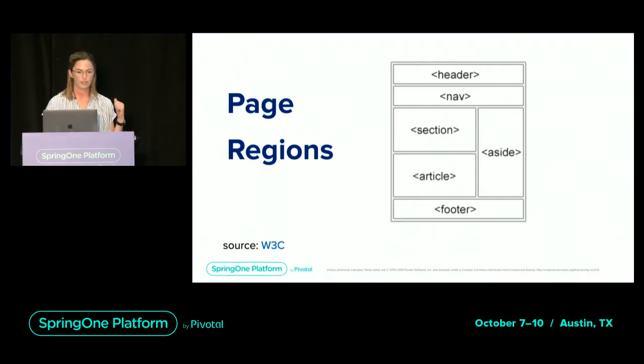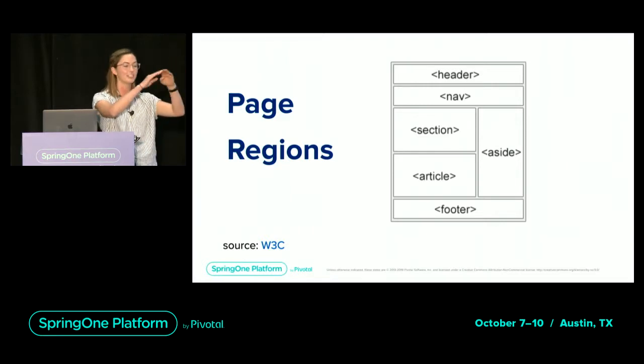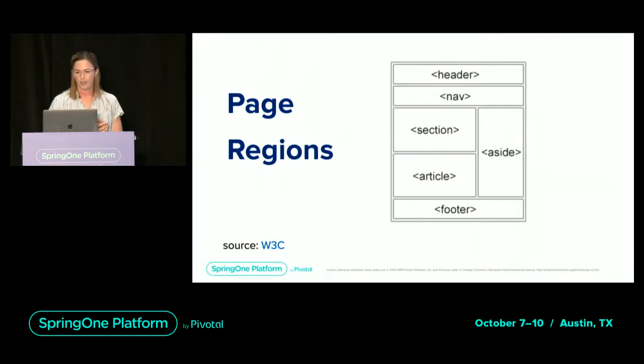I like to use them, particularly the section one, because it helps me differentiate between what is a div, meaning just a random collection of elements, versus this is really a section of my web page, and it might have some characteristic, like it always has a heading on it. You want to avoid just having a sea of divs, if you can. I think it makes it a better development experience.